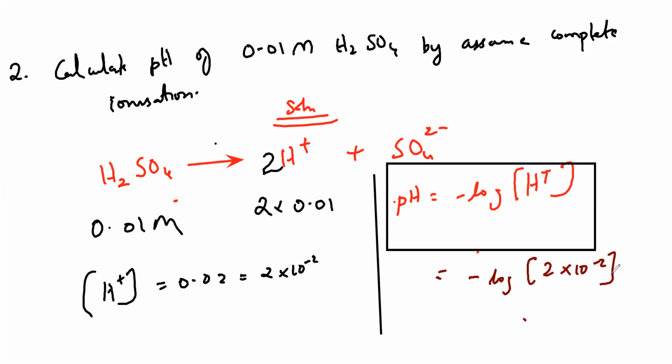So again, I will write on the next page. pH is equal to minus log of 2 into 10 power minus 2.